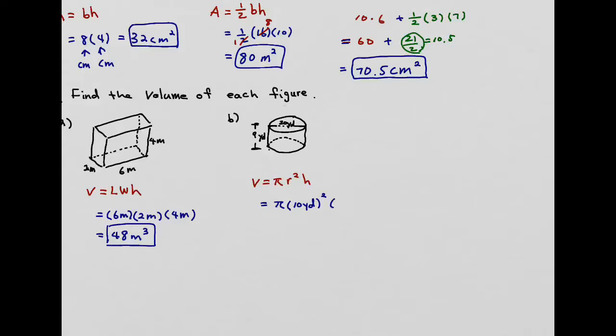Your height is 9 yards. You have 2 yards from the square and then one more multiplying. So your unit is going to be cubic yards. And 10 squared times 9 is 90 pi cubic yards for your volume on that problem.